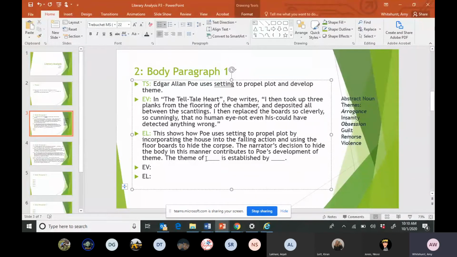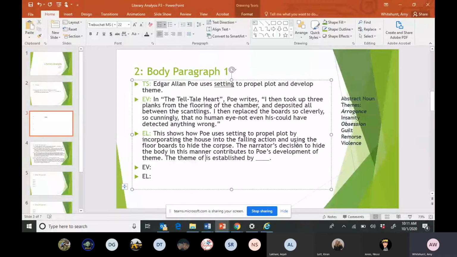So what we can do is choose either one of those. And again, you could probably find other themes that you could relate to this, but those are the two that stuck out in my mind. So do we want to focus on arrogance or obsession? Either one is totally fine. I think obsession.